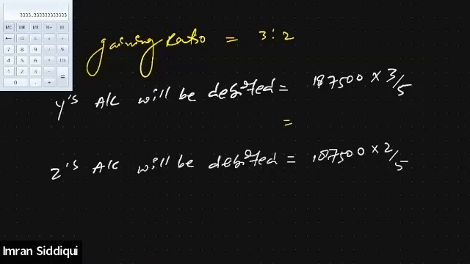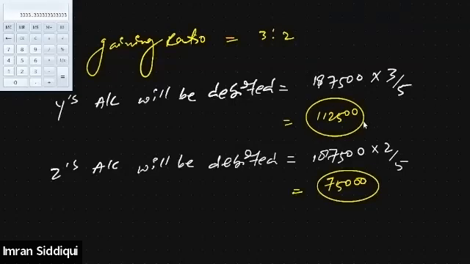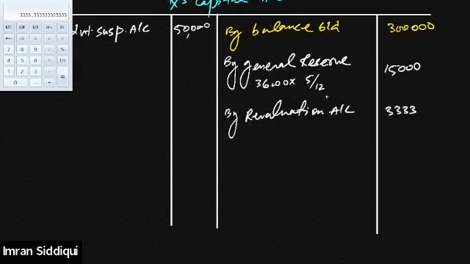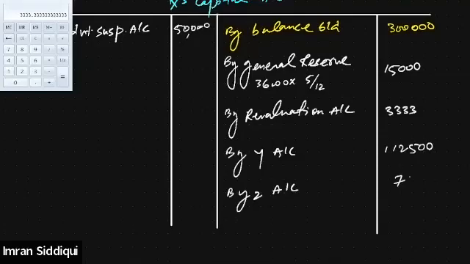By calculating this, we will be getting, just a minute, 1,12,500 and 75,000. Right, all of you? And the same amount will be transferred to X's capital account here, and we'll write down by Y account 1,12,500 and by Z account 75,000. Tell me, all of you, is this clear to everyone? Yes, sir. It's clear. Okay, now we will total this.